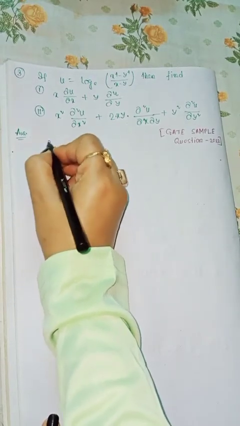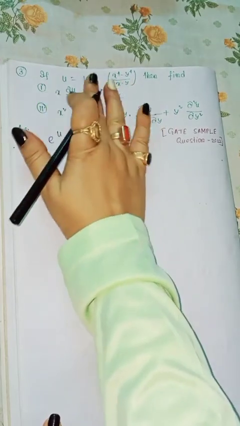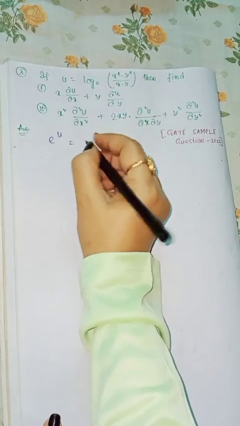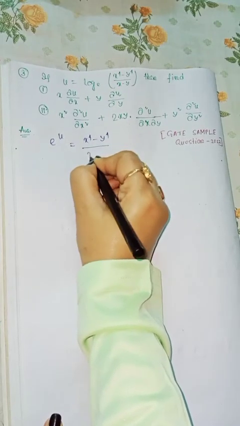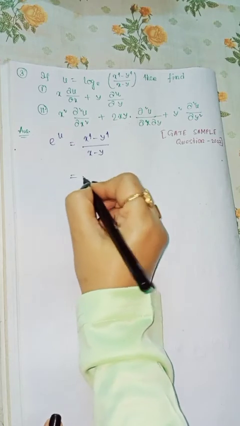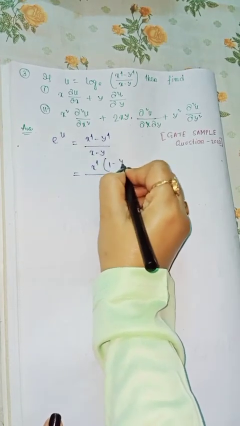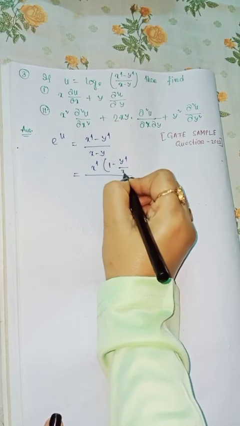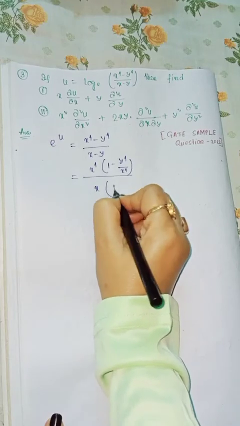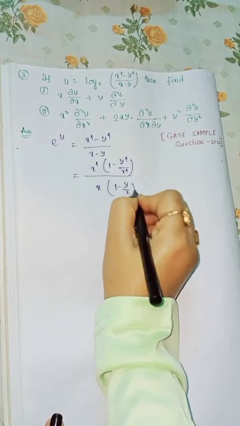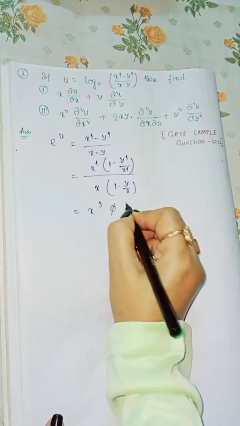So now e to the power u is equal to, we just eliminate the log, so this becomes (x to the power 4 minus y to the power 4) by (x minus y). So now simplify: x to the power 4 into (1 minus y to the power 4 by x to the power 4), divided by x into (1 minus y by x). So that is equal to x cube phi of y by x.